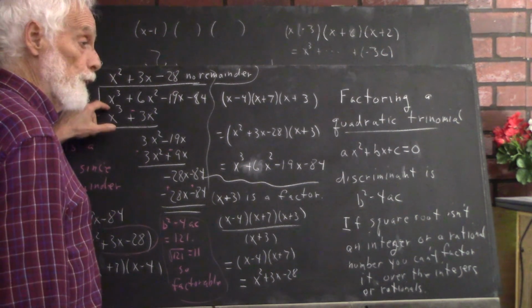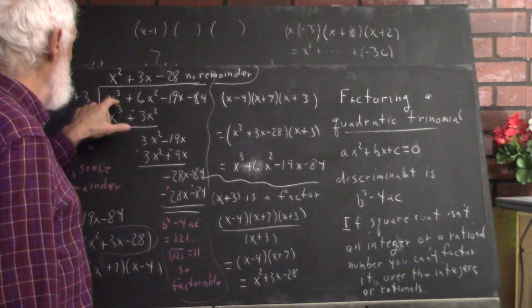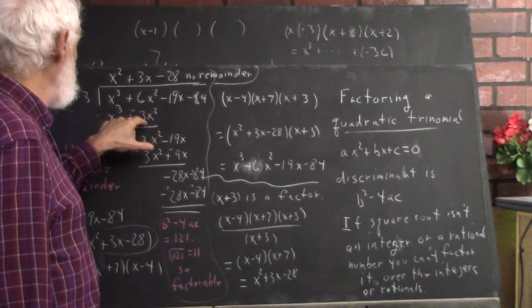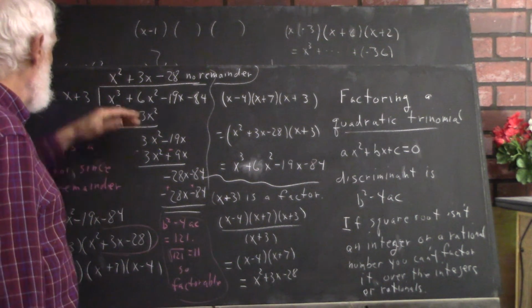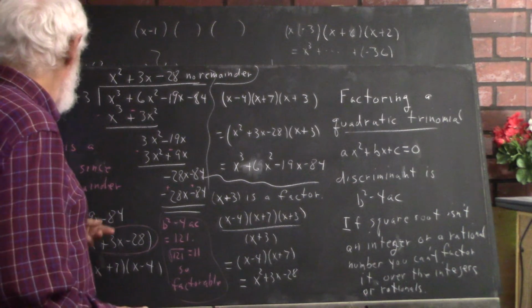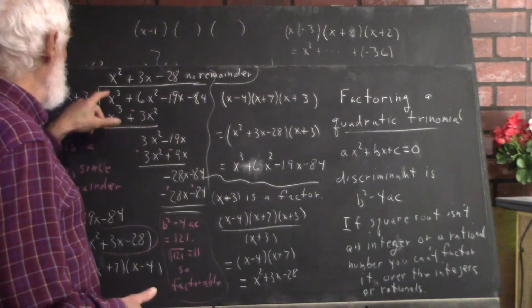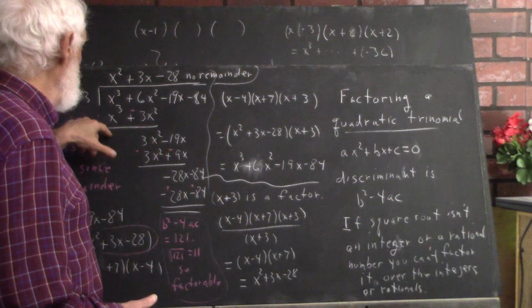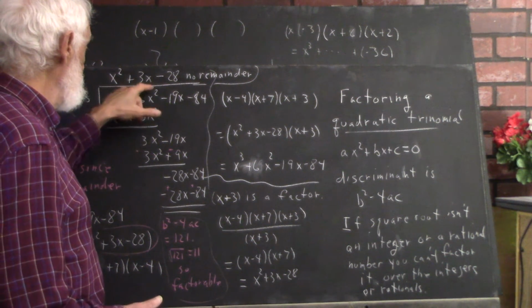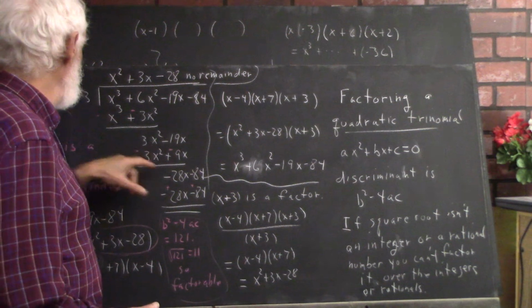Divide x into x cubed, we get x squared. Multiply x squared by x plus 3, we get x cubed plus 3x squared. We got to subtract this from this using the division algorithm. So we put little minus signs here to remind ourselves that we're subtracting. x cubed minus x cubed gives us 0. 6x squared minus the 3x squared gives us 3x squared.